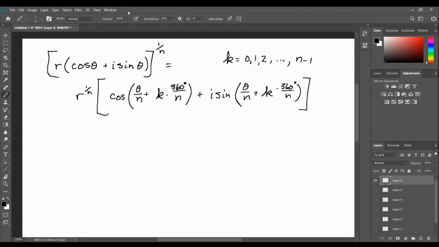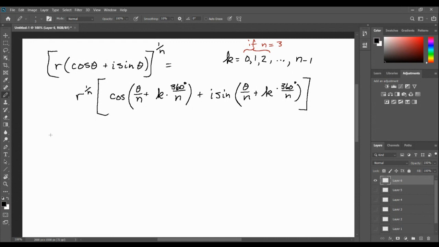So if we're taking the 3rd root, n is 3, then we'll go all the way up to 3 minus 1, which is 2. So we would only have those 3 if n equals 3. But let's see this in action.